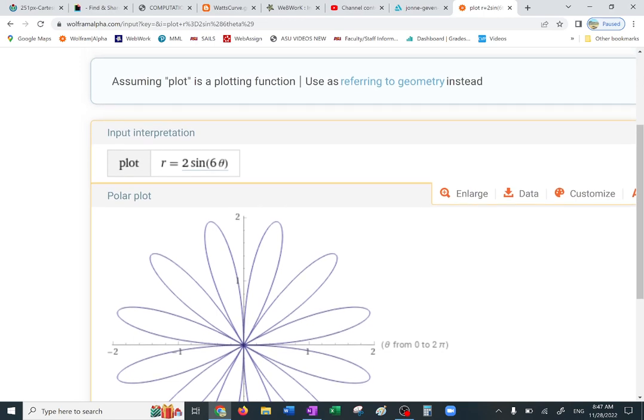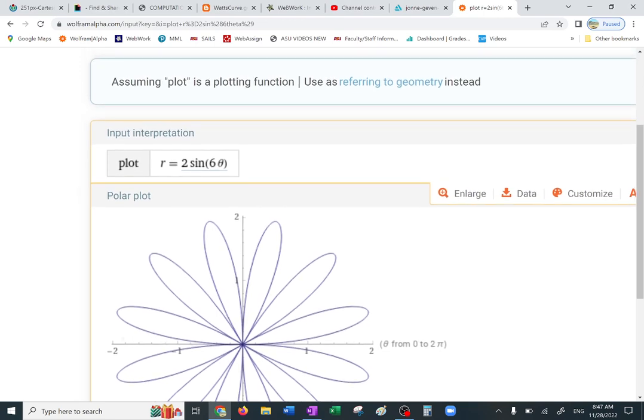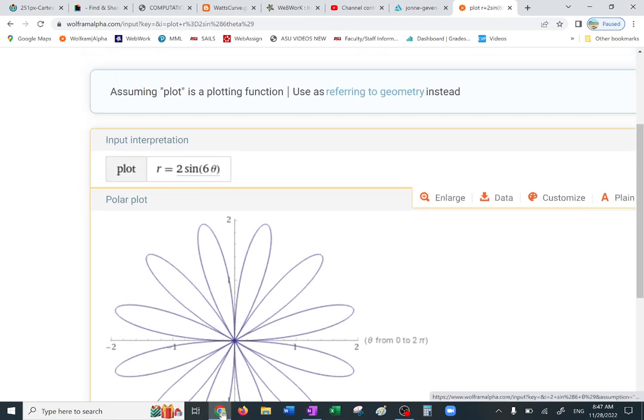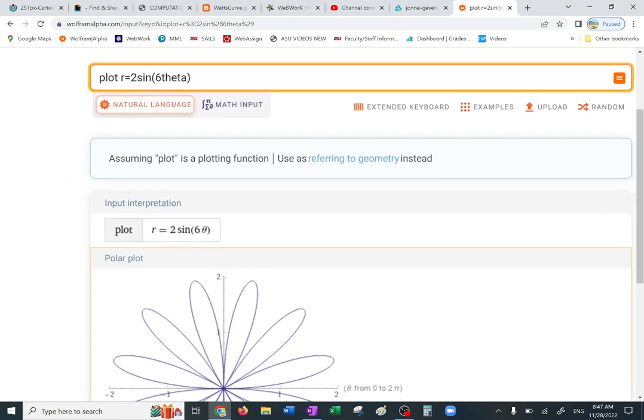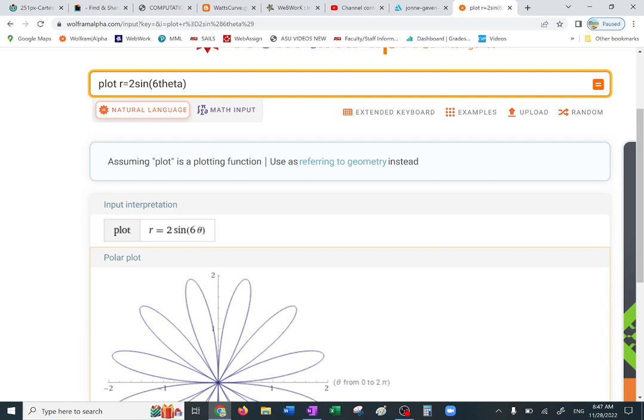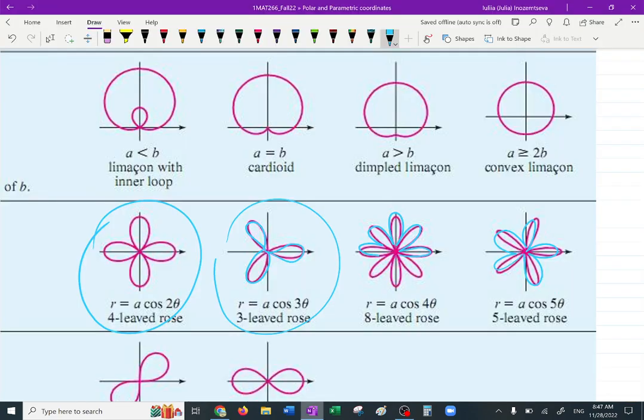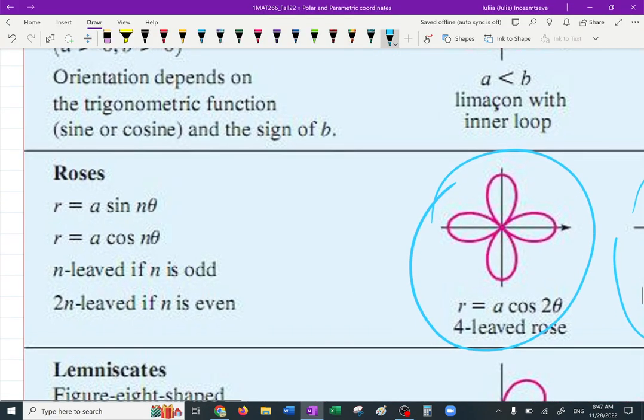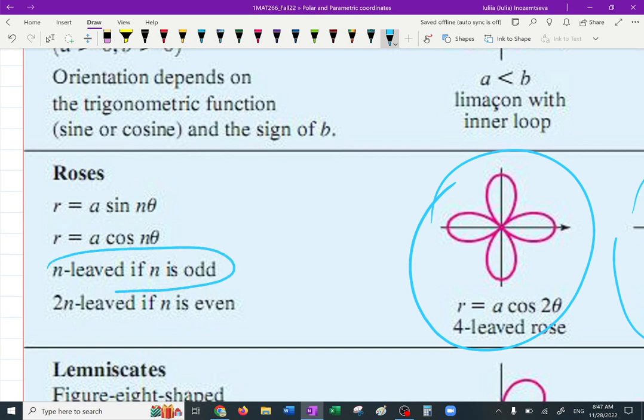If this number inside is even, the number of leaves will be twice this number. It's part of the formula, it says here. If n is odd, then you will have the same number of leaves.